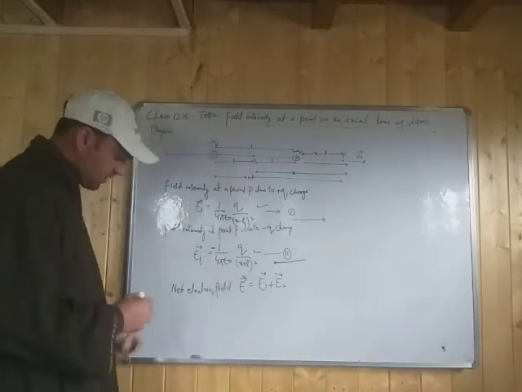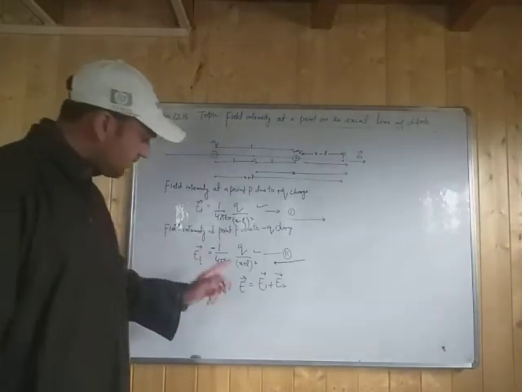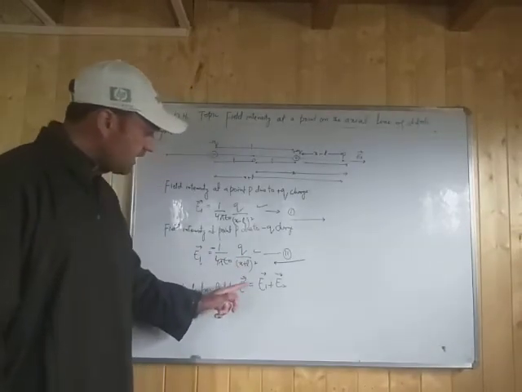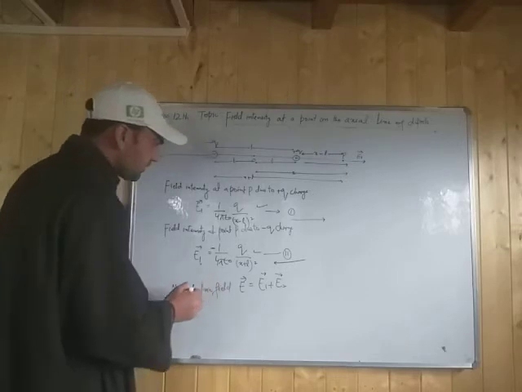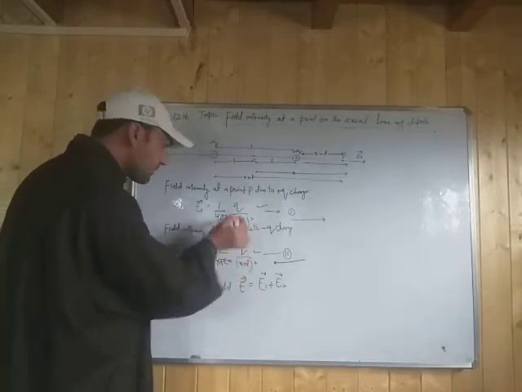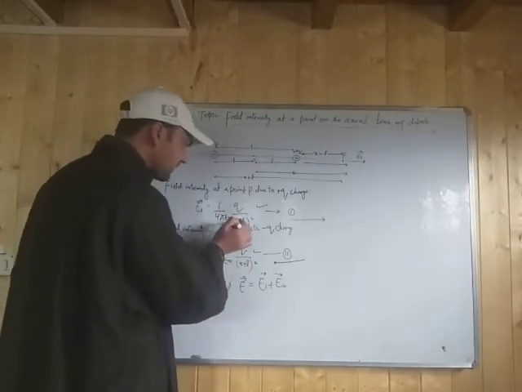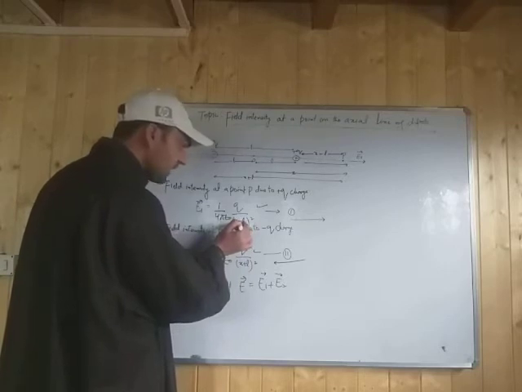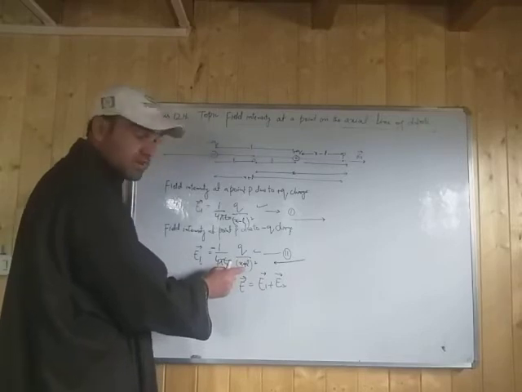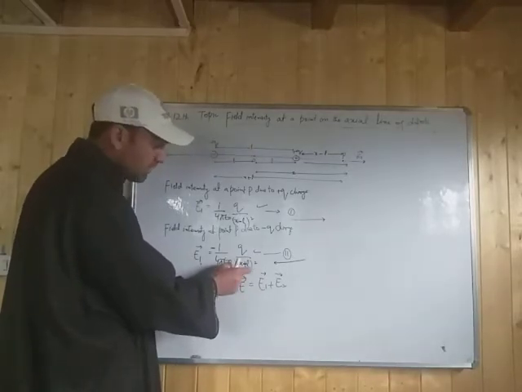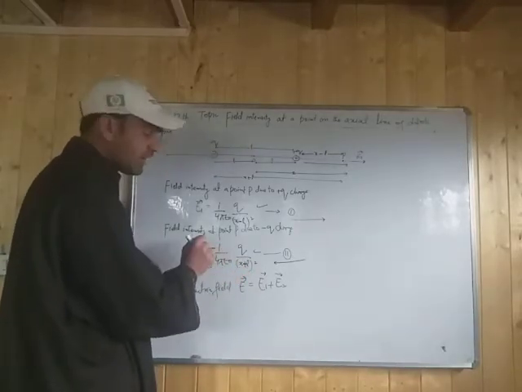Similarly, for the total electric field we must subtract one from another. We will subtract this from this, because here the denominator is smaller, so the electric field is larger. Here the denominator is larger, so the electric field will be smaller.